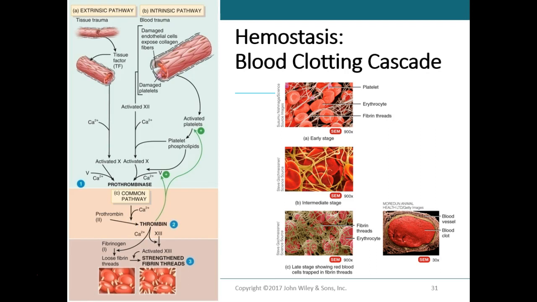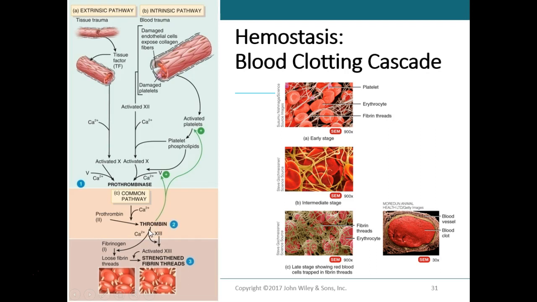Okay, so all these clotting factors are inactive until there's tissue damage, right? We don't want blood clots happening when there's not damage, right? Okay, so all these enzymatic pathways and all these activations of clotting factors lead to this enzyme being made. Prothrombinase activates prothrombin into active thrombin.